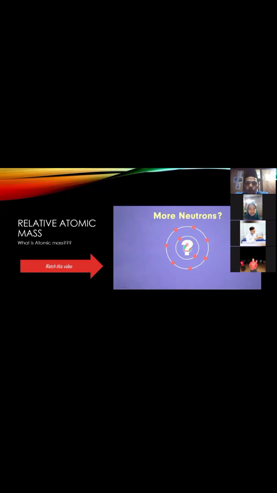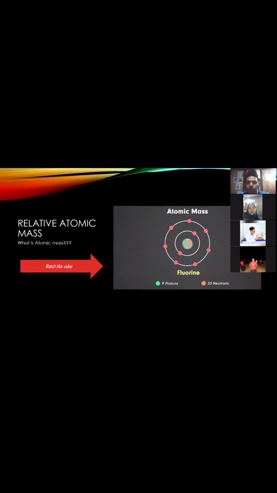Does the charge of the atom increase or decrease? Absolutely not, because neutrons are neutral. Then why should an extra neutron bother us? So coming back to the atomic mass of fluorine, we have 9 protons and 10 neutrons. That means the total would give us 19. So can we say that the atomic mass of fluorine is 19 units?